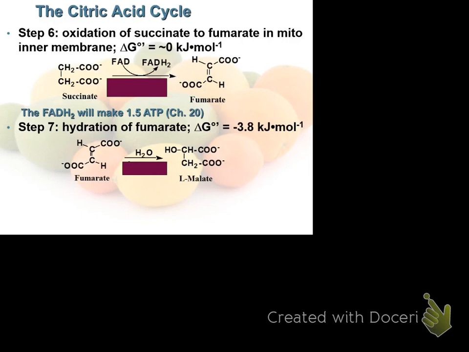Let's just review real quick, where does the citric acid cycle occur? In the matrix. And I remember I said there's this one step that technically is anchored in the inner membrane. It's step 6. Step 6 is actually the same enzymes in 2 different pathways.